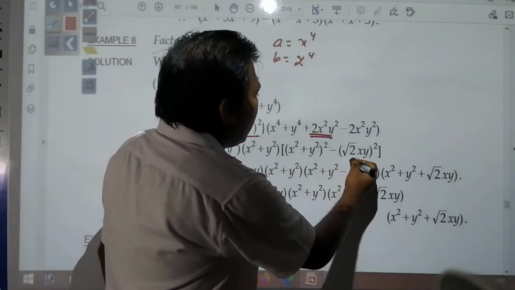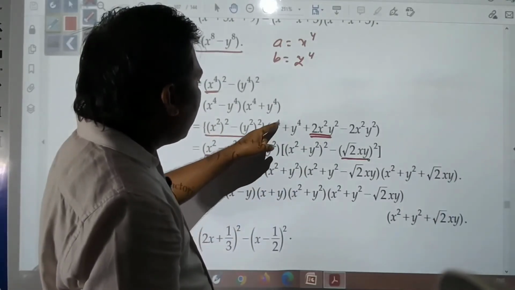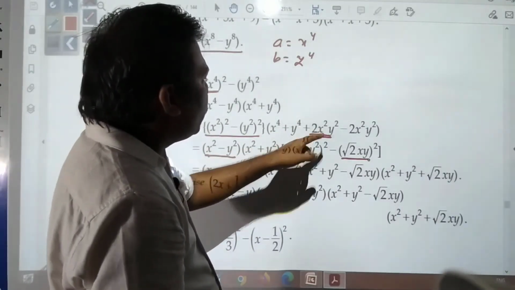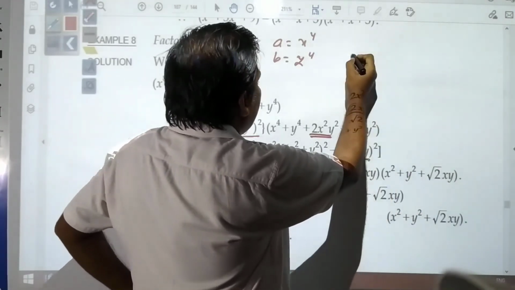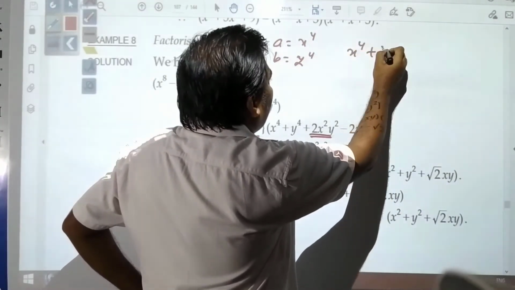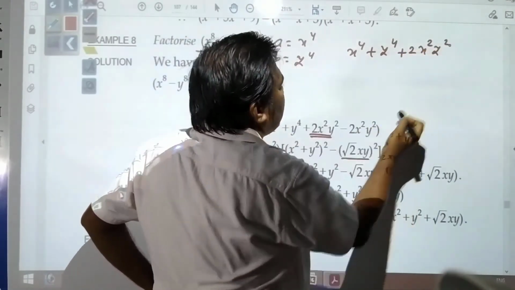Here you see how you will get this. x to the power 4 plus y to the power 4 plus 2x square y square, you write first. So this will be x to the power 4 plus y to the power 4 plus 2x square y square.